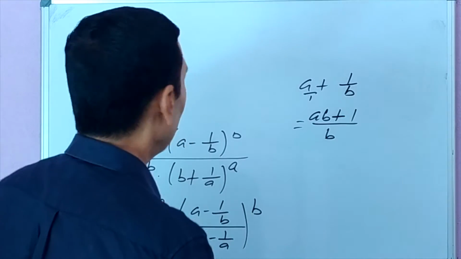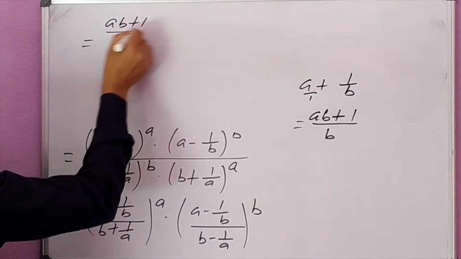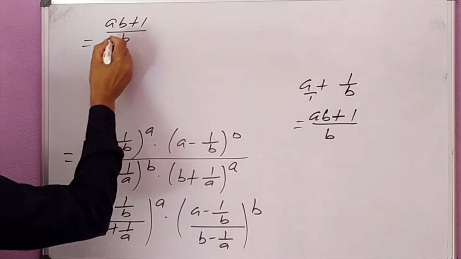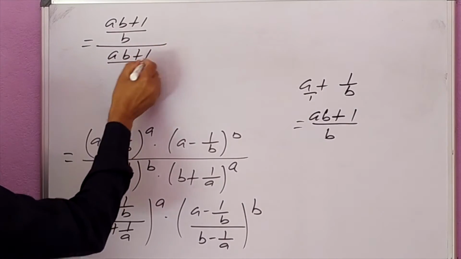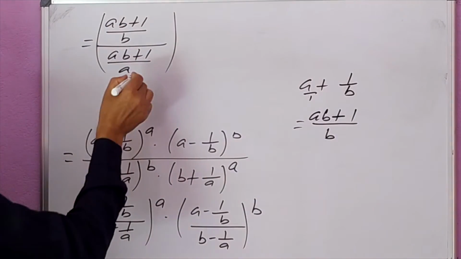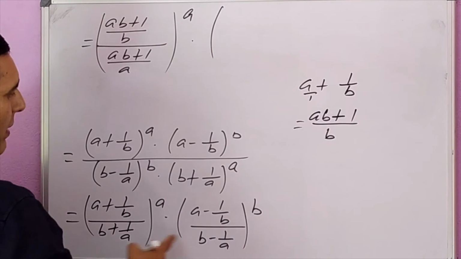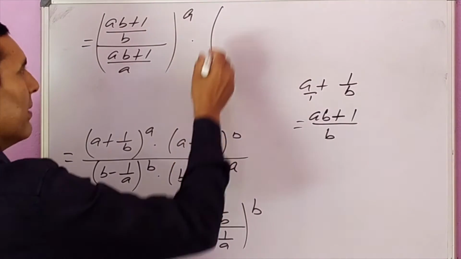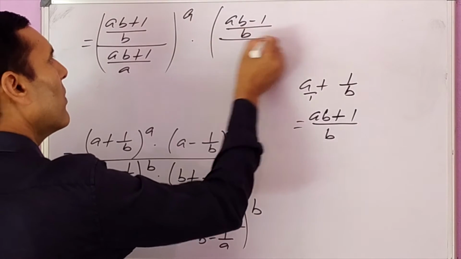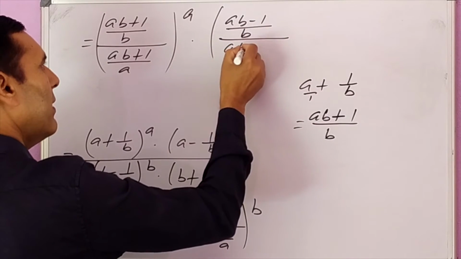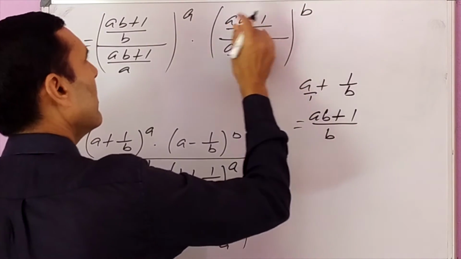So it is ab plus 1, so (ab plus 1) upon b whole upon, here also, (ab plus 1) upon a whole to the power a. Over here in the second bracket, again the same thing: (ab minus 1) upon b whole upon (ab minus 1) upon a whole to the power b.